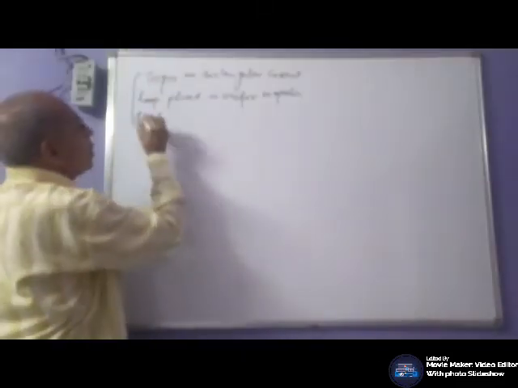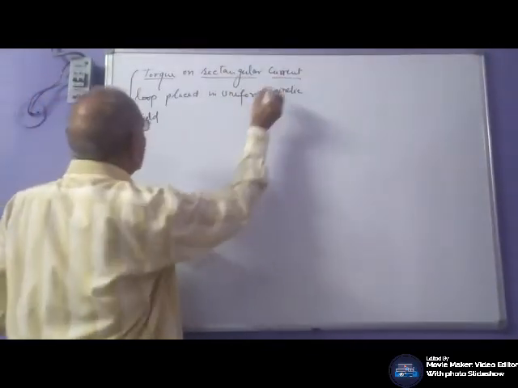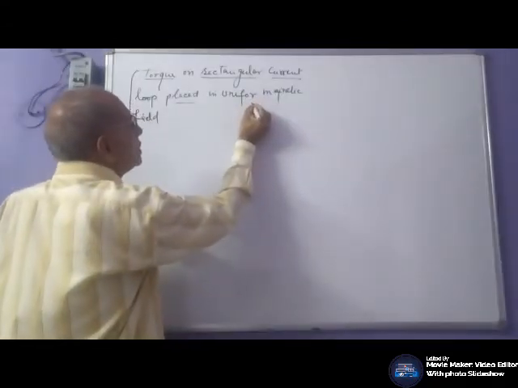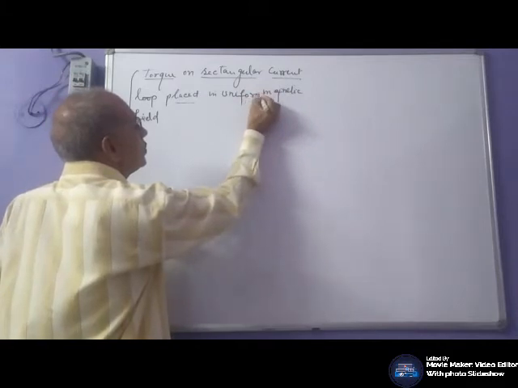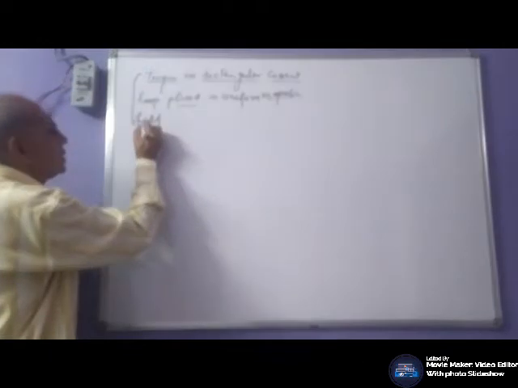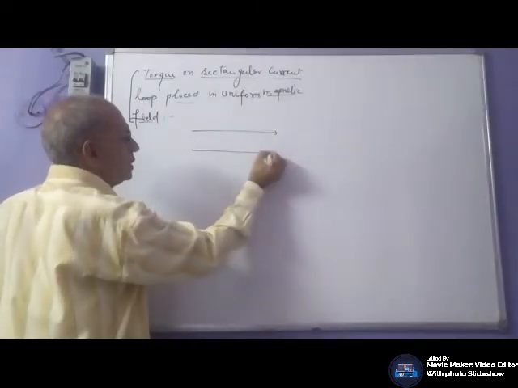This is the question. We have to derive the expression for torque on a current loop which is placed in a uniform magnetic field. This is the uniform magnetic field.